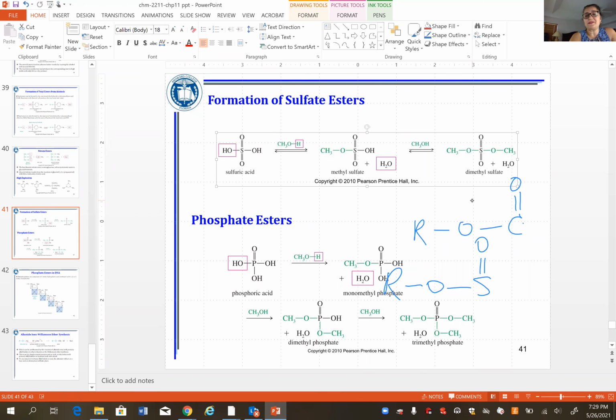And what happens in general, RO, which is the alkoxide, is going to replace the OH from the acid. And that acid could be the sulfuric acid OH, or it could be phosphoric acid OH. You remove this and you add the CH3O, or in general an alkoxide ion that is replacing it.